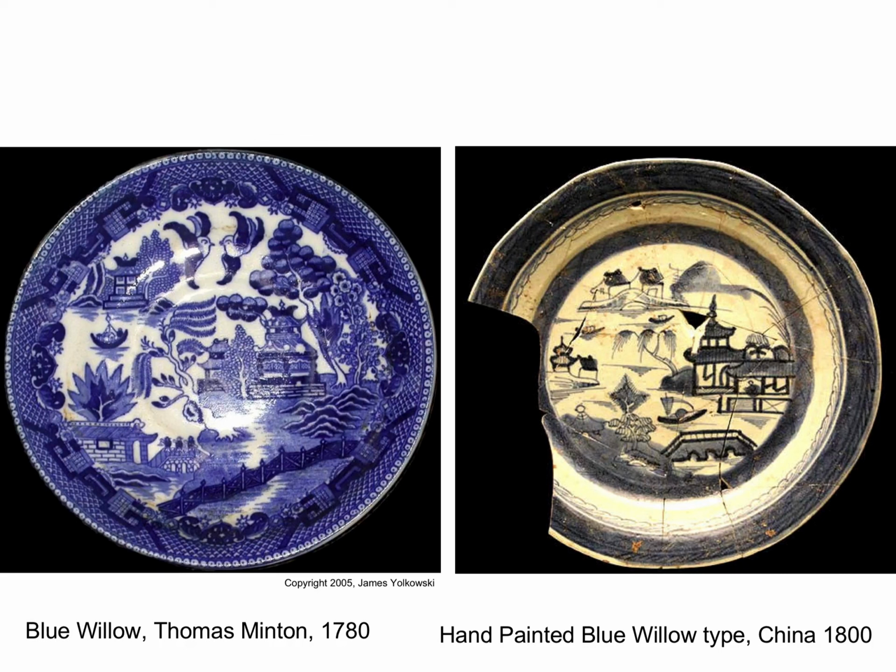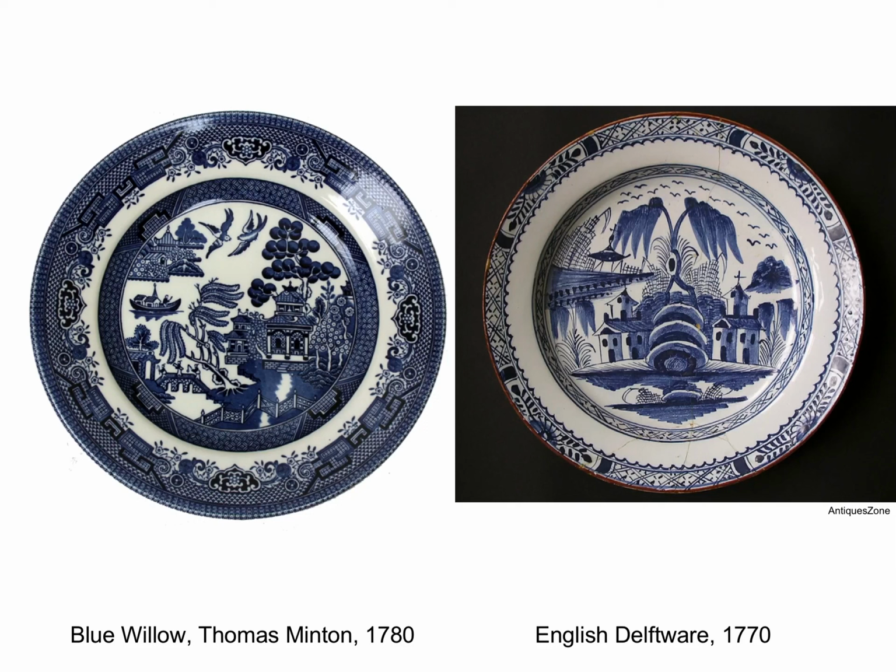So I have discussed briefly the Blue Willow pattern, and the Blue Willow pattern comes from types coming from China originally that were reworked by Thomas Minton in 1780 in England, and it became the most popular and still produced today ceramic pattern ever in the history of dinnerware.